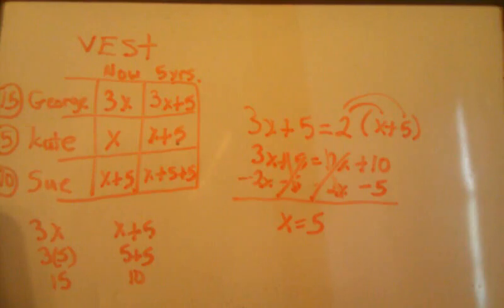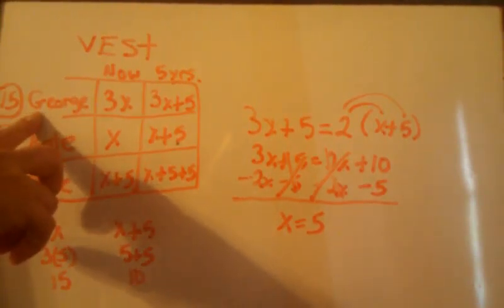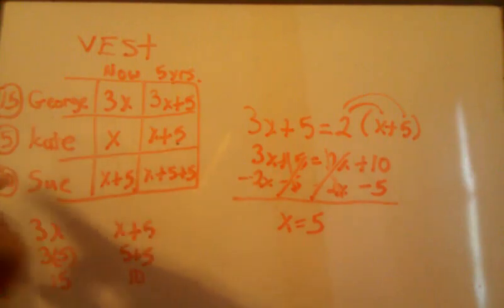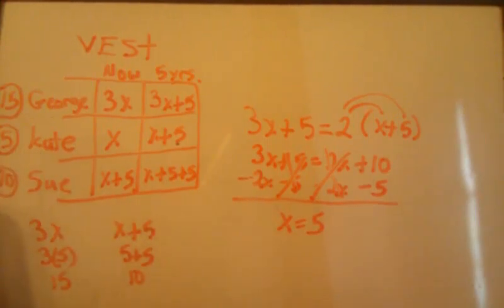Okay? George is 15 years old now. Let's look at this. George is 3 times as old as his sister Kate.